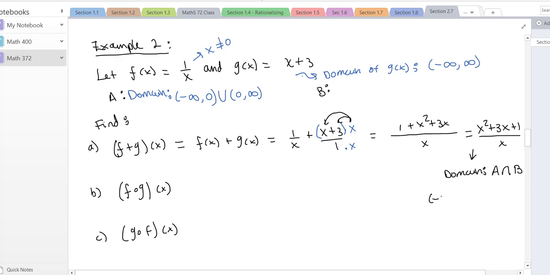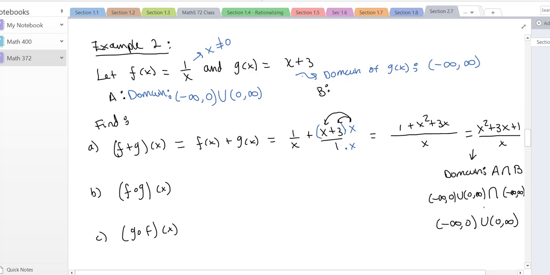So if you take minus infinity to 0 union 0 to infinity, and you intersect this with minus infinity to infinity, you're essentially excluding 0 still. So the domain is minus infinity to 0, union 0 to infinity.